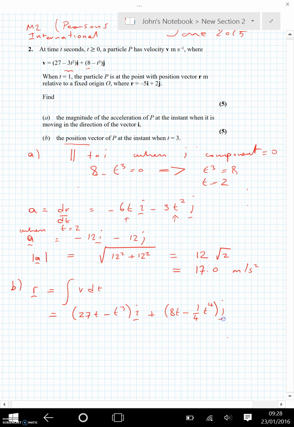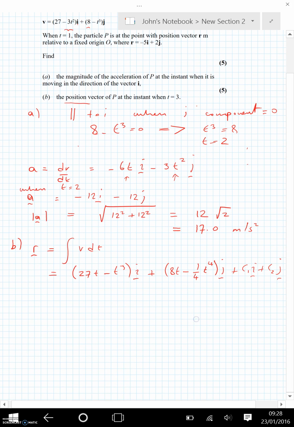But don't forget, because we're integrating we need a constant, and because we're dealing with vectors here, our constant is going to be a vector, which effectively means 2 unknowns, c1 and c2.